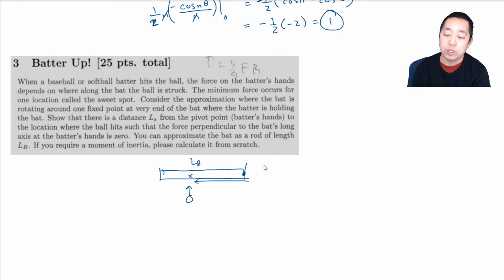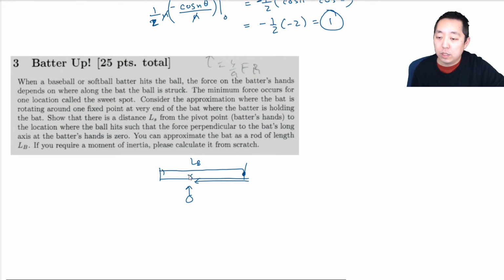It's an interesting question. There's a force on the bat. If I were to draw a free body diagram, there's clearly a force here when the ball hits the bat.